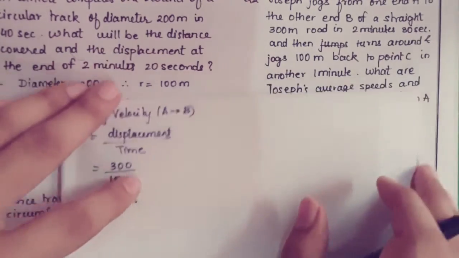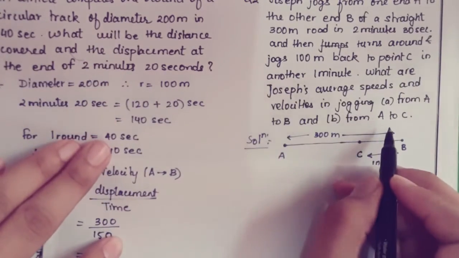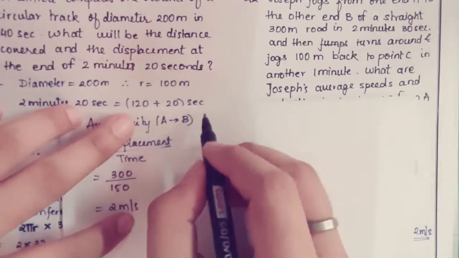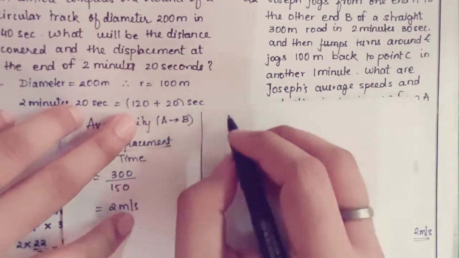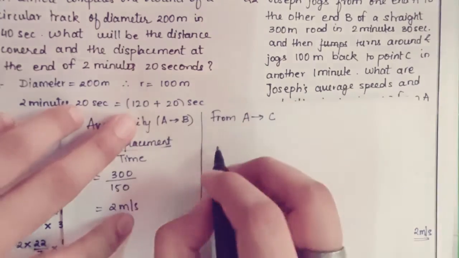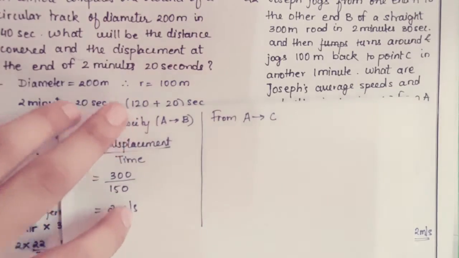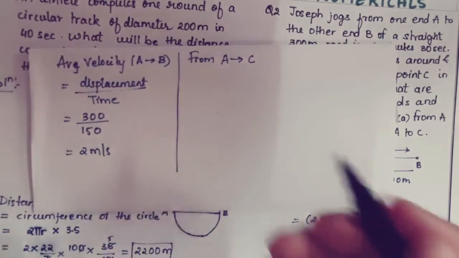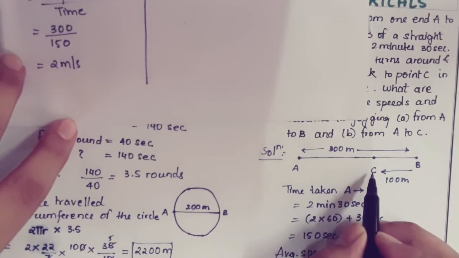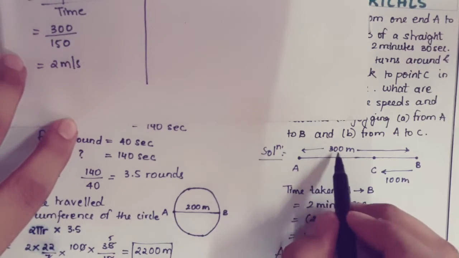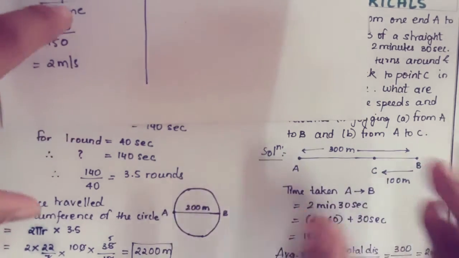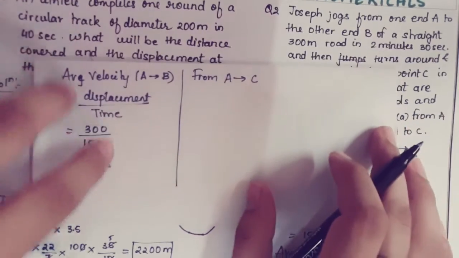Now there is a second part which says from A to C. Let us see how we can calculate that. From A to C, again we need to find the distance. If you see the figure, in distance we need to add 300 plus 100, because in distance we add all the distances that we have traveled.